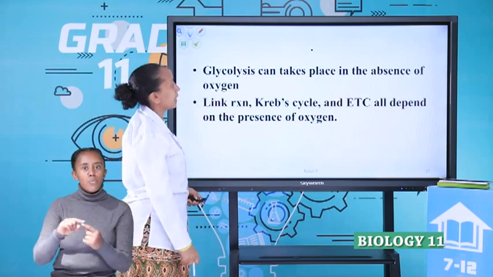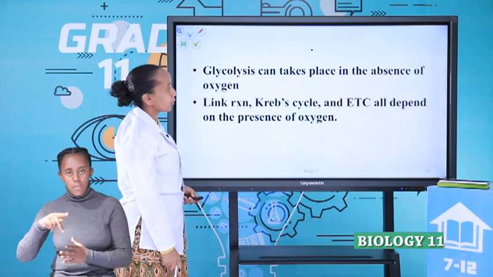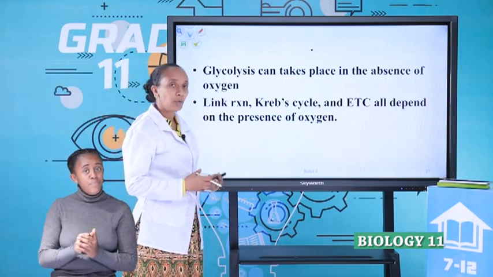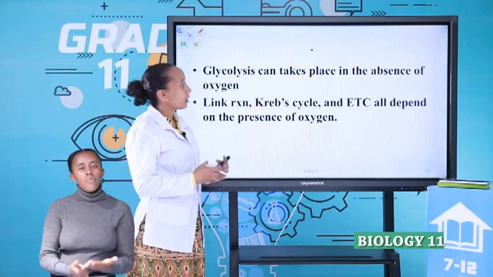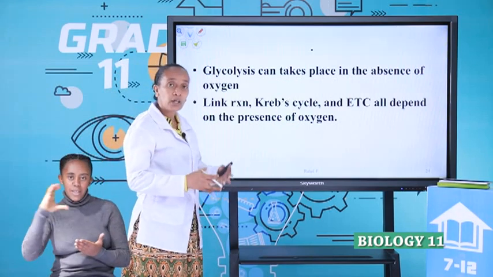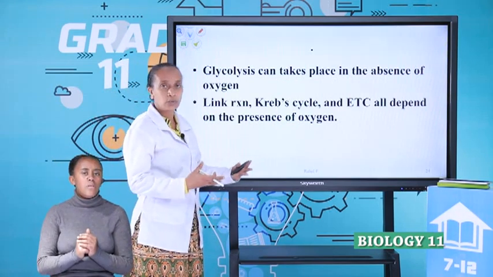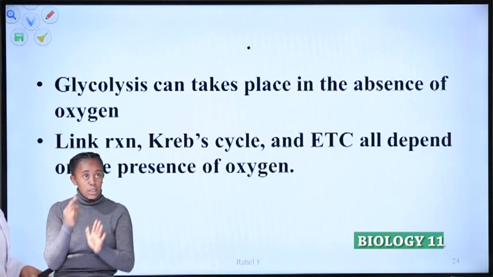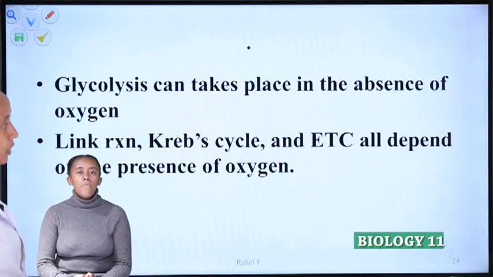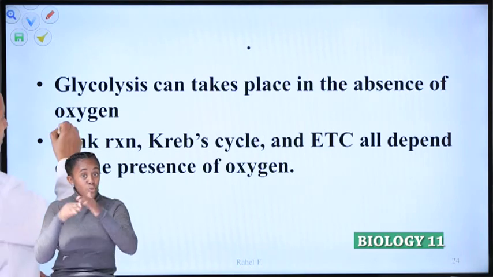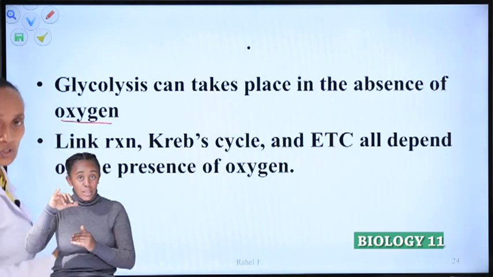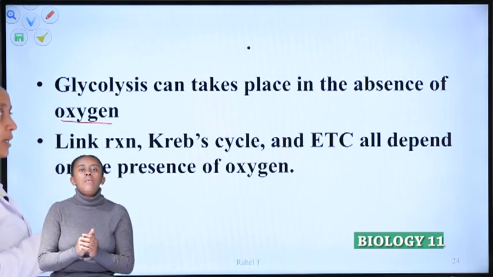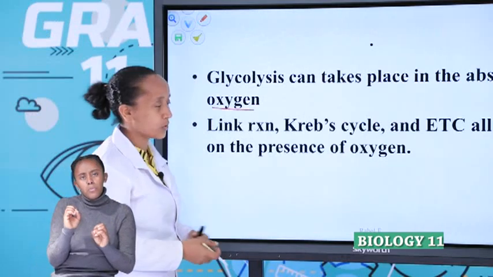to produce ATP. The other point is, since we are talking about aerobic respiration, up to now we have no idea where oxygen is involved in the reaction. Here it indicates that glycolysis, from the 4 stages of cellular respiration, can occur in the absence of oxygen, or it can occur without involvement of oxygen.